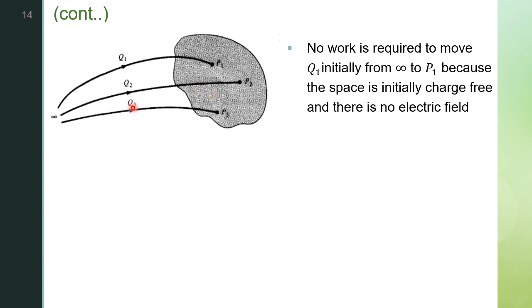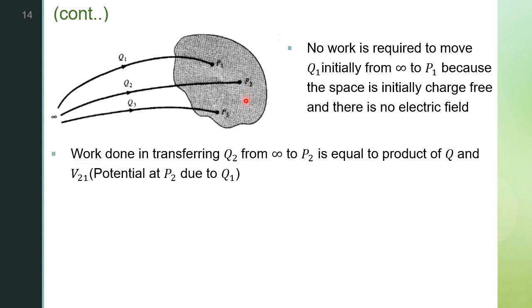Now, when you bring the second charge Q2 and place it at point P2, we need to do a certain amount of work, and it depends upon the potential at point 2 due to the charge which is already present at point 1.